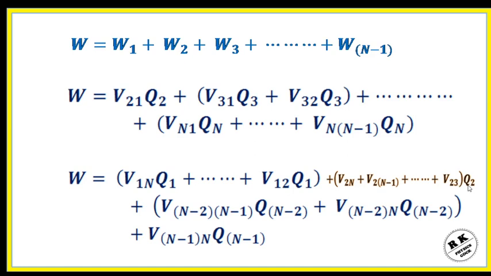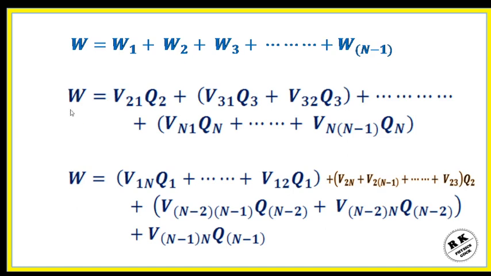That is the potential starting from the third charge to the nth charge is present in this equation, and the potential due to the first charge, that is before Q2, only one charge is there. Here the potential due to one charge, here the potential due to the remaining n minus 2 charges. Overall, we are going to have a total of n minus 1 terms for each charge. So if we add up these two, we are going to get all those terms.